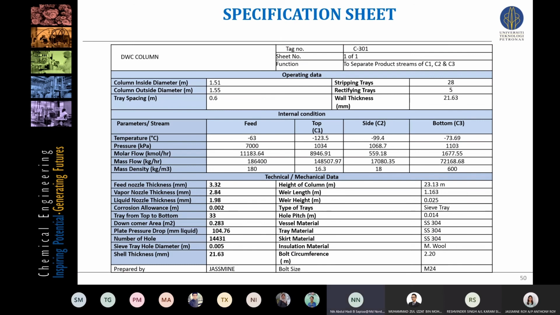Diameter is 1.55. The height is under the technical and mechanical data, sir. Oh, 23. Tray spacing is not specified here, but it's an assumed value of 0.6 meter. I've highlighted it in the spec drawing.